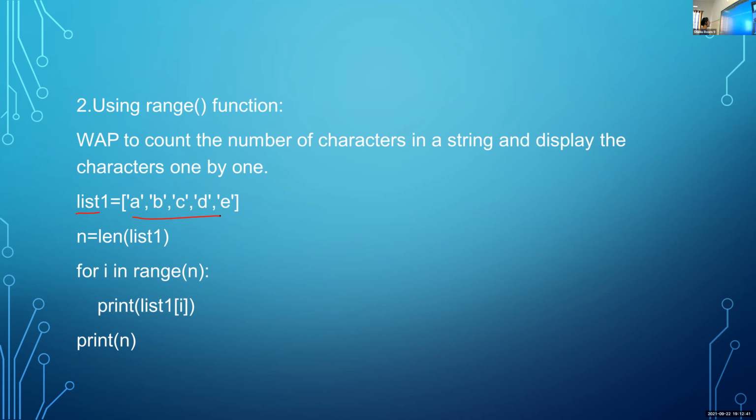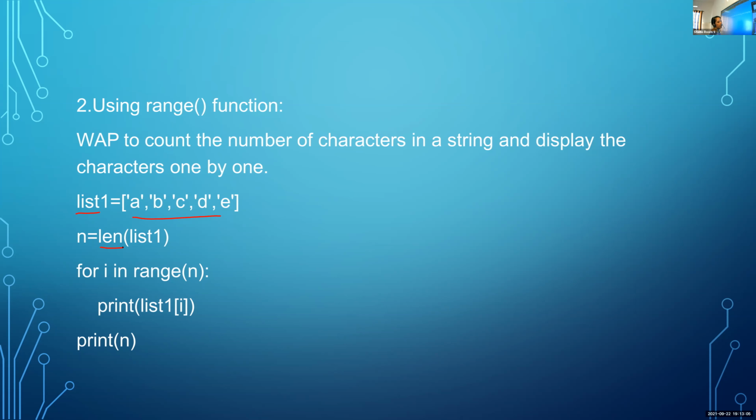What is len? len is a built-in function to count the number of elements present in that list. len of list1 means this function will automatically count how many elements are present in list1.